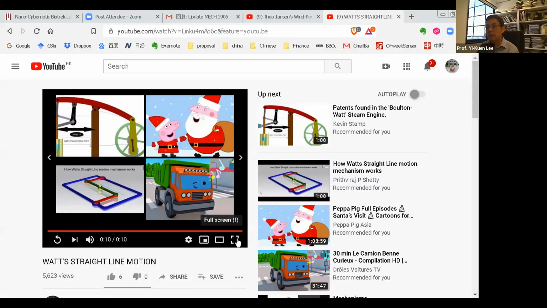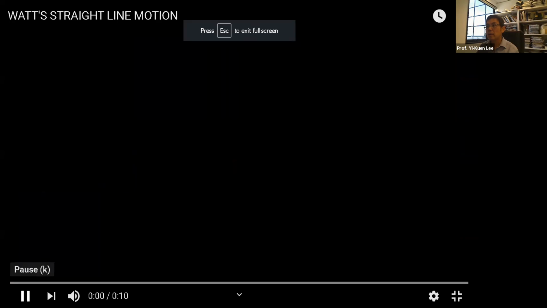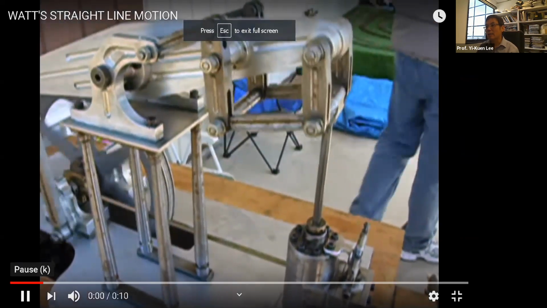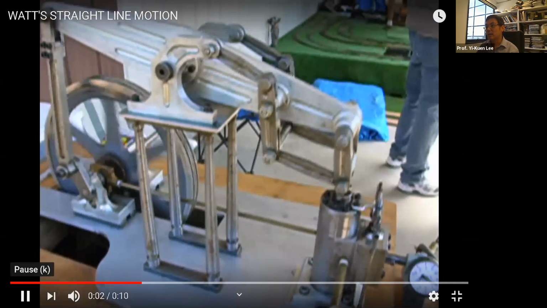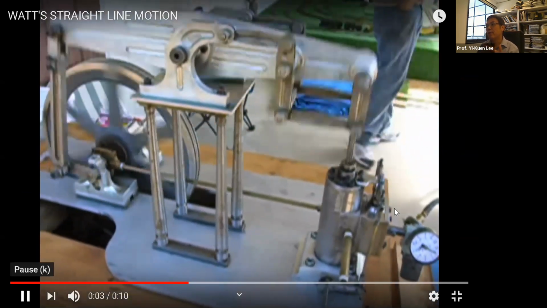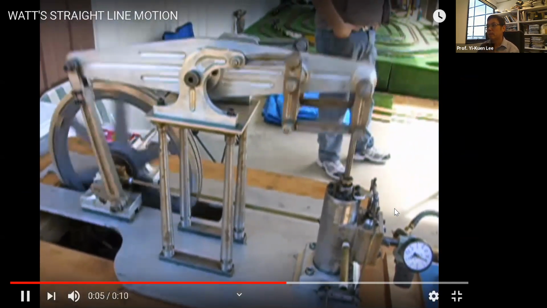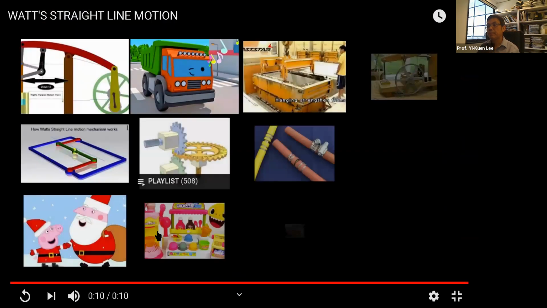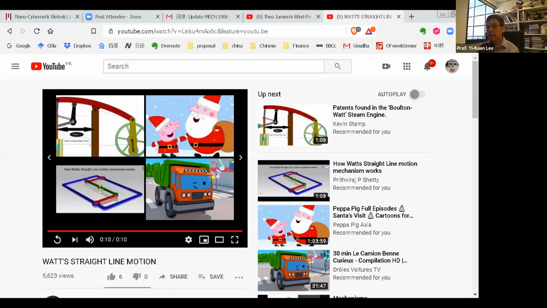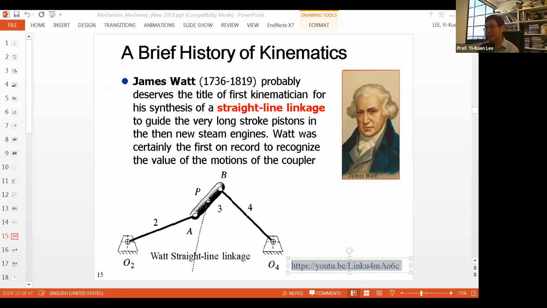Let me show you this video. Okay, this is James Watt's mechanism. You see, it's still quite useful now. Okay, anyway, so here I just try to continue our lecture. So this is a very old design, but still quite useful nowadays.